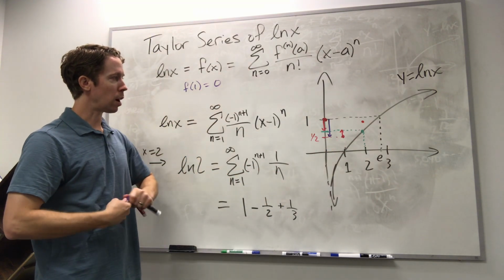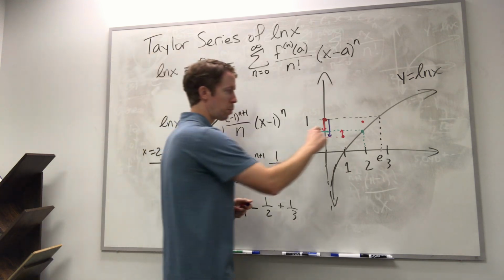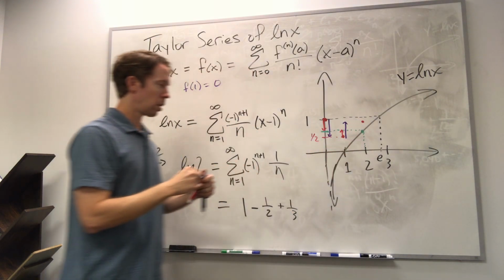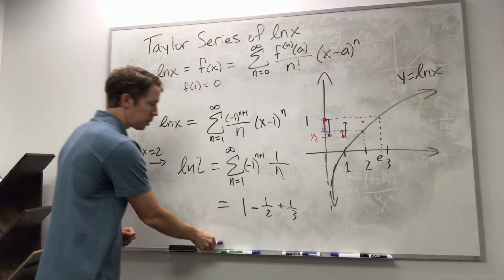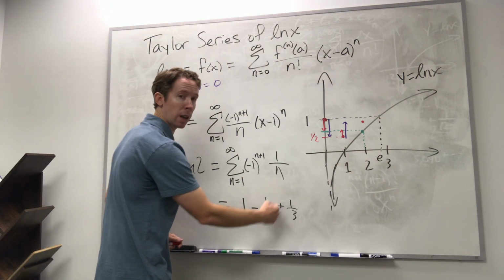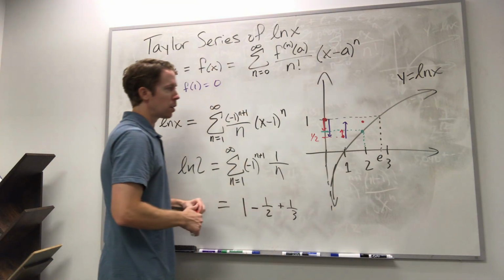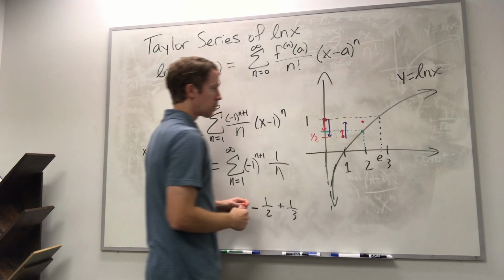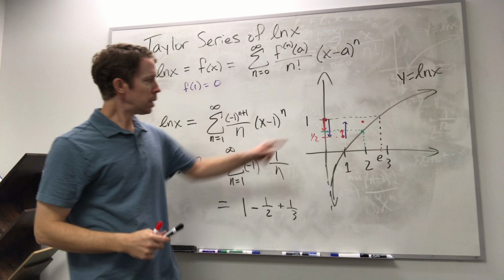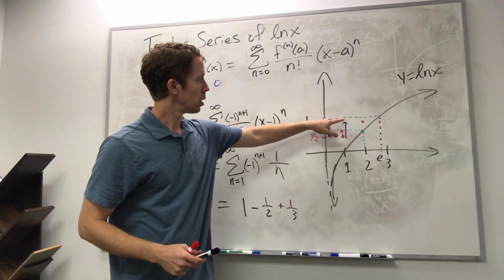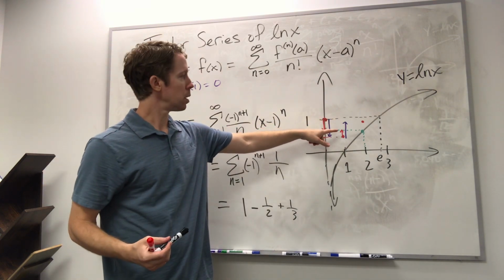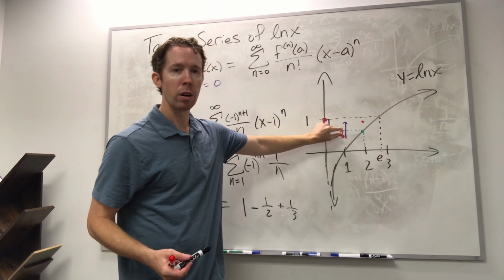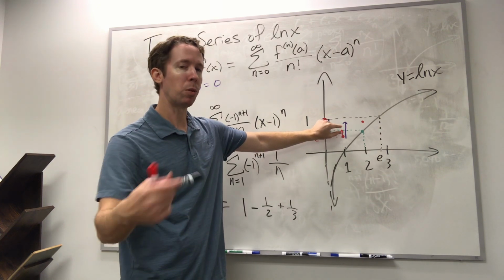And from there, I jumped this purple distance to get to my next approximation, which was here. So what happens as I subtract and add and subtract and add? I'm getting closer and closer to the actual value. But also, each time I make a jump, that jump is larger in absolute value than the error of my approximation before I made that jump.